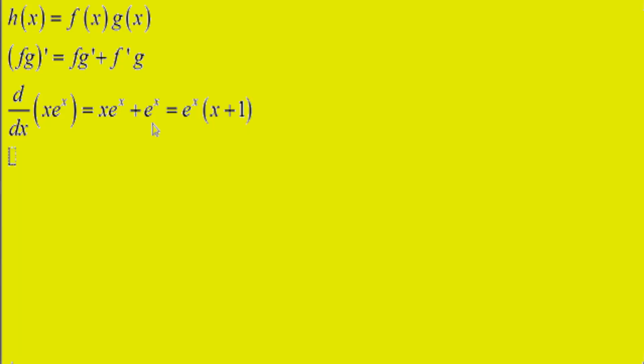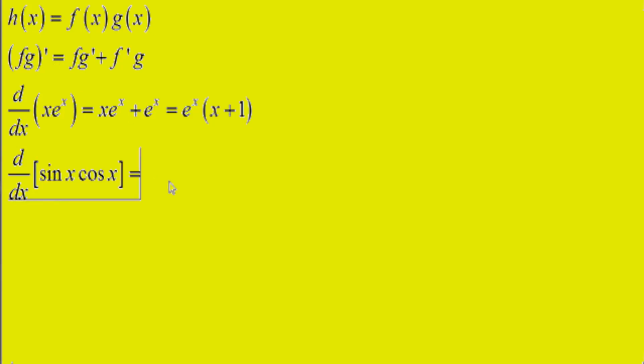Not so bad. If we were to do another one, d dx of sine of x cosine of x, and again, these are off the top of my head, but I don't really need notes for this. By now I've been doing the product rule for years, essentially. Same thing. The first function is sine, the second function is cosine.